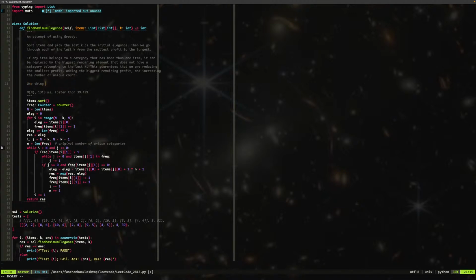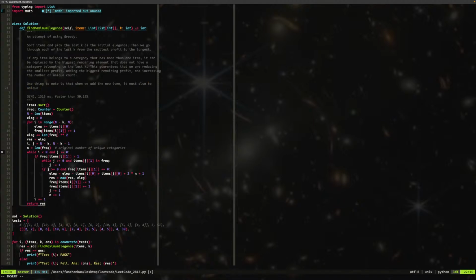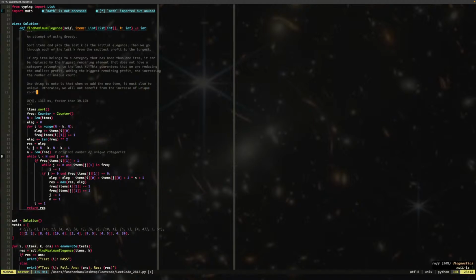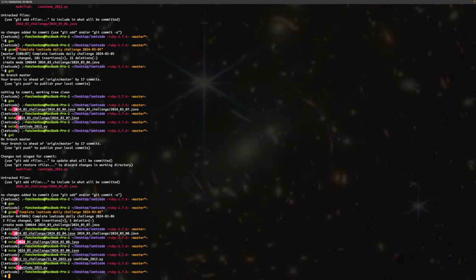One thing to note is that when we add the new item, it must also be unique, right? Otherwise, we will not benefit from the increase of unique count, right? Yeah, that was pretty much it.